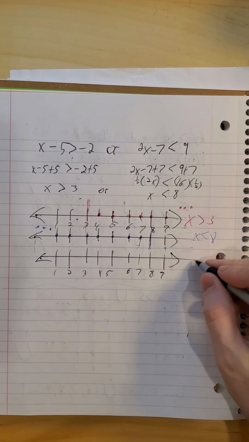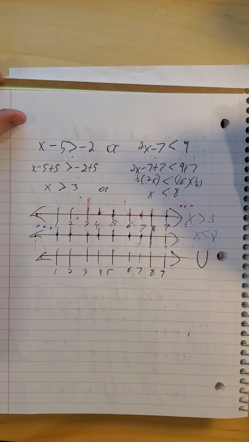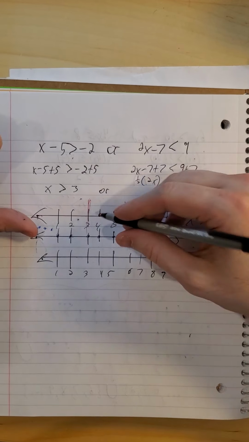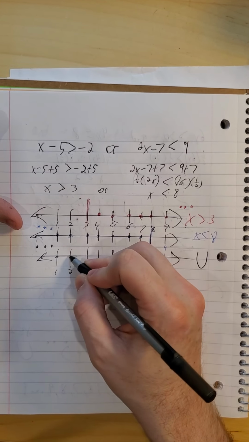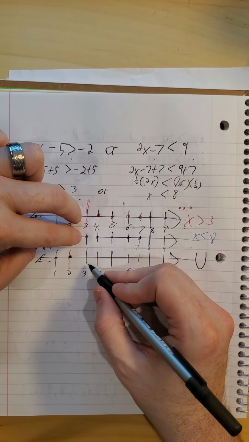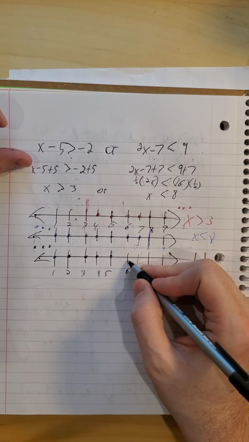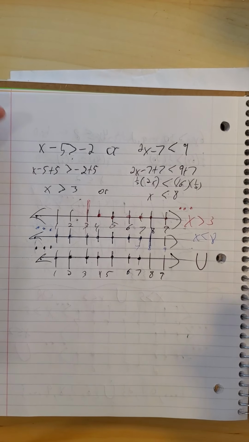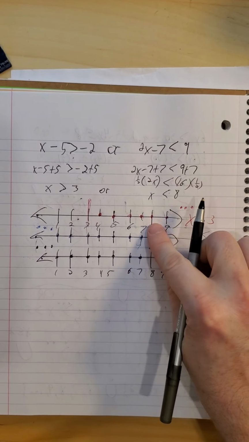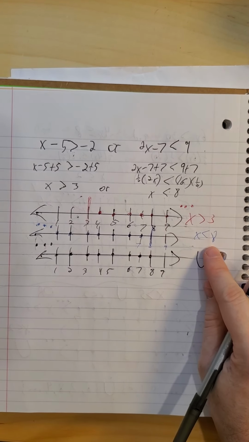Now I'm going to do the union, things that are in one or the other or both. Because of the blue graph, I get to keep all this stuff back here. Blue and red say I get to keep the 3. Blue and red agree on the 4, 5, 6, 7 as well. Because of the red graph, I get to keep the 8, even though the blue graph didn't keep it.